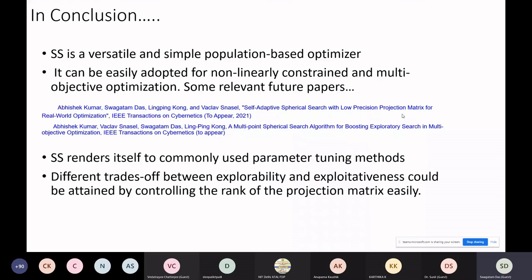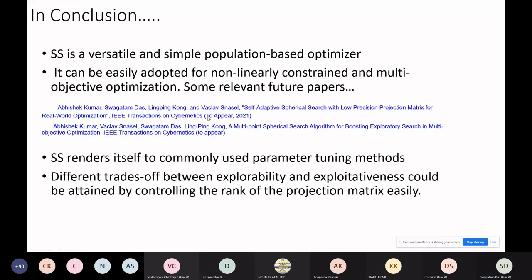SS is basically a framework. This framework could be adapted to many other algorithms, and the effects on those algorithms could also be studied. The SS algorithm in itself could be very easily adapted for non-linearly constrained and multi-objective optimization.